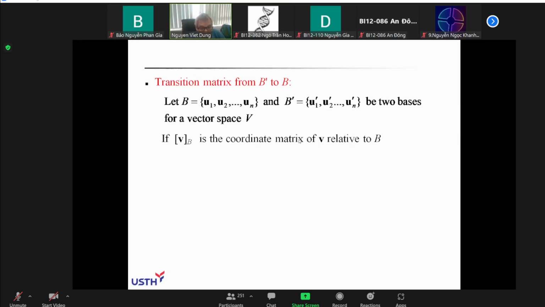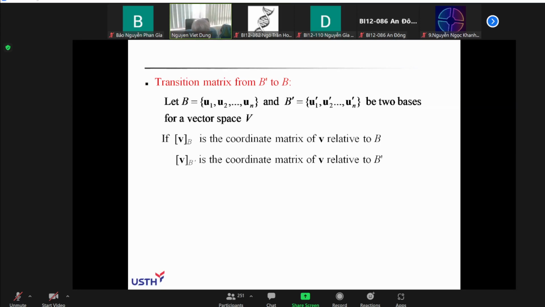Then suppose that V has coordinates relative to B denoted by a column matrix like that, and coordinates in B prime denoted by that. We call it the coordinate column or the coordinate matrix.